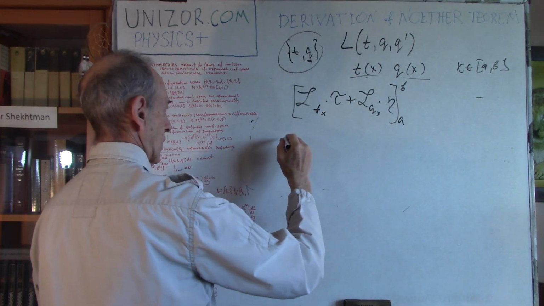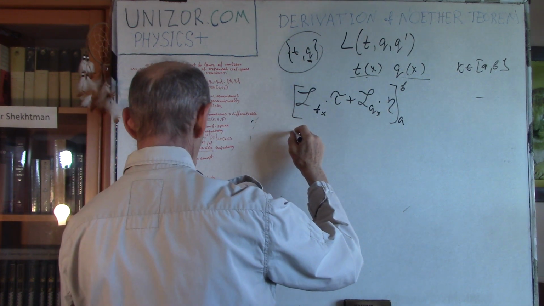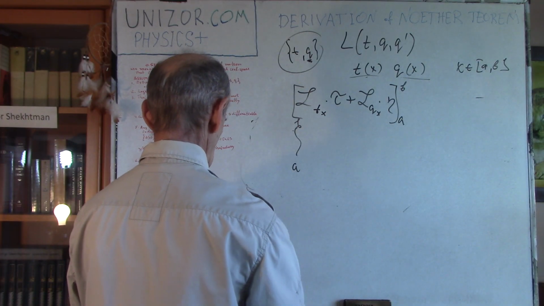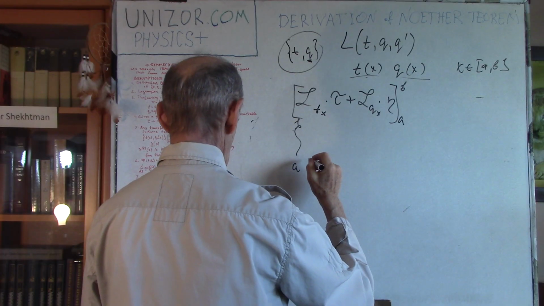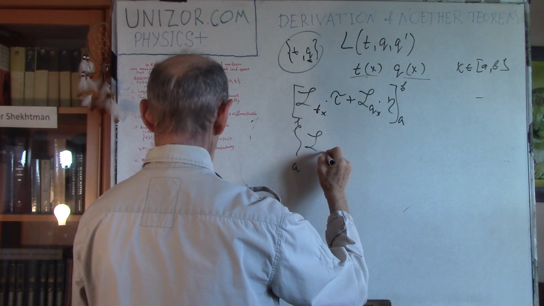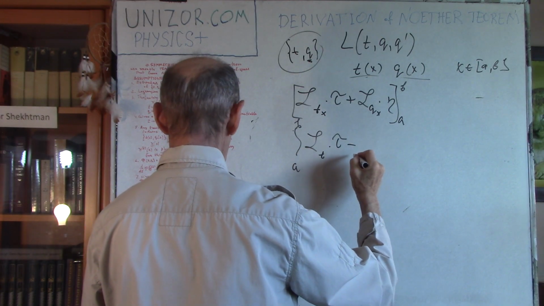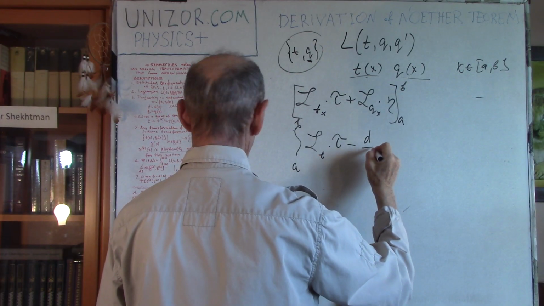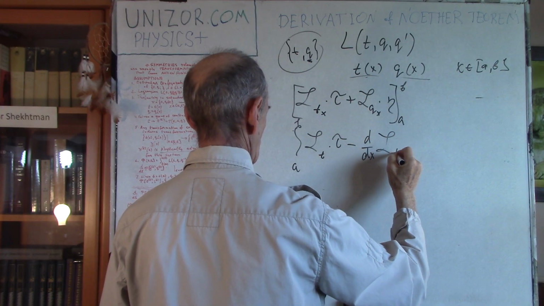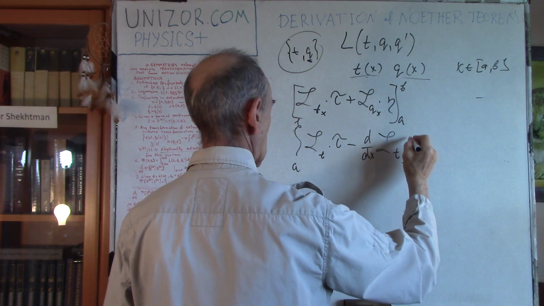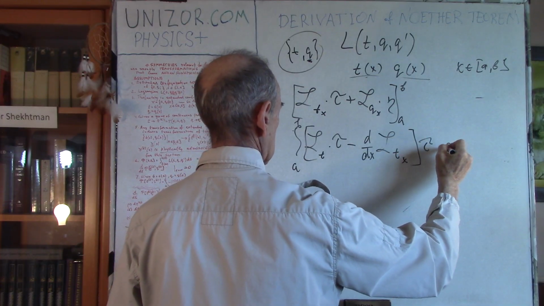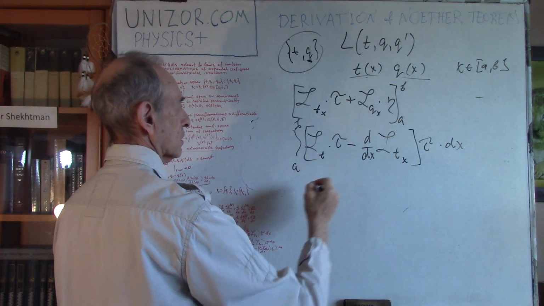It would be integral from a to b of partial derivative of L by t times tau minus d by dx of partial derivative of L by tx times tau dx, and similarly for q.